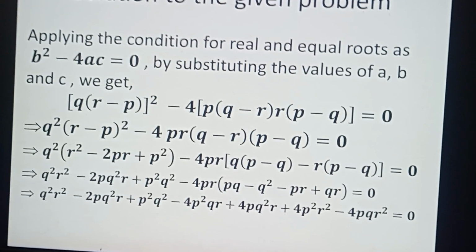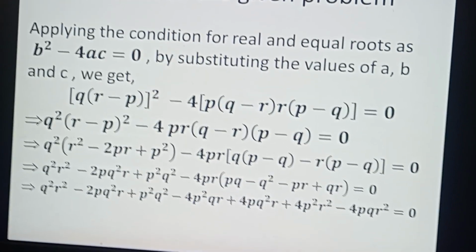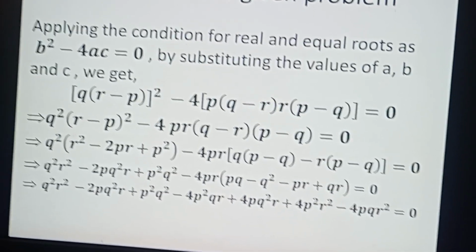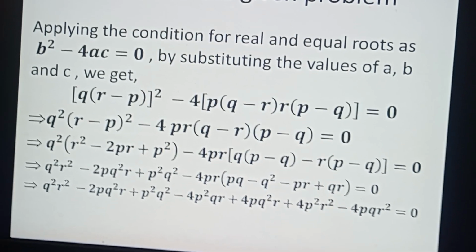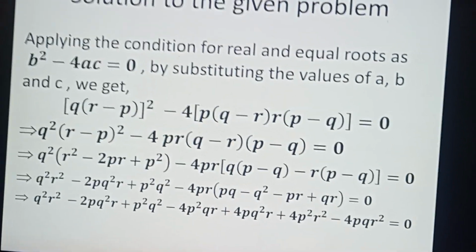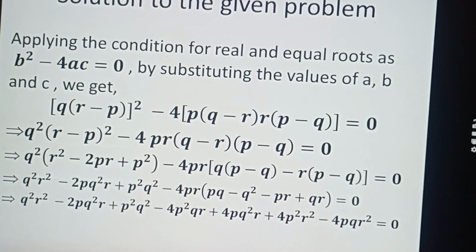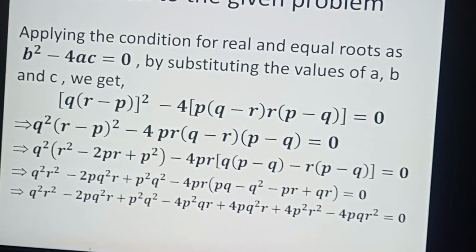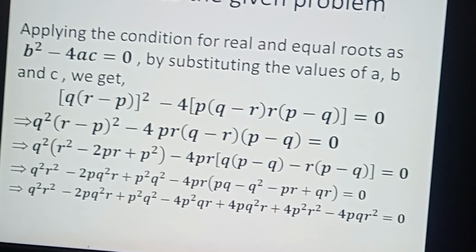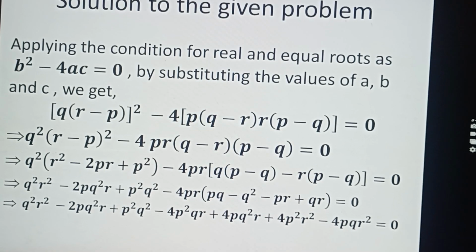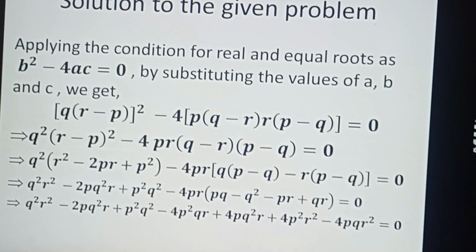Again, we have q squared r squared minus 2pq squared r plus p squared q squared minus 4pr. Now we do the multiplication inside the brackets and remove the brackets. The minus sign is outside, so as we move along, the signs inside the brackets change as we remove the brackets.